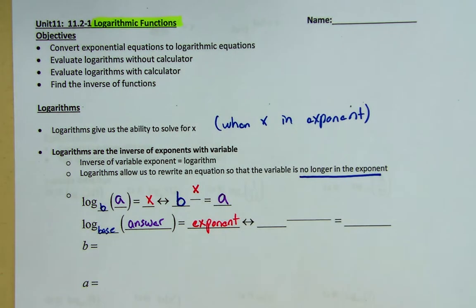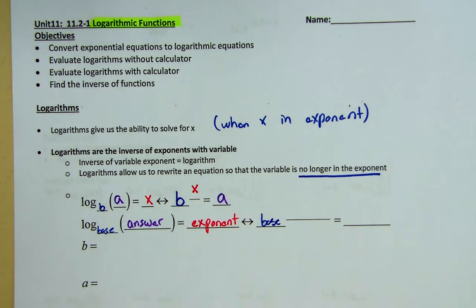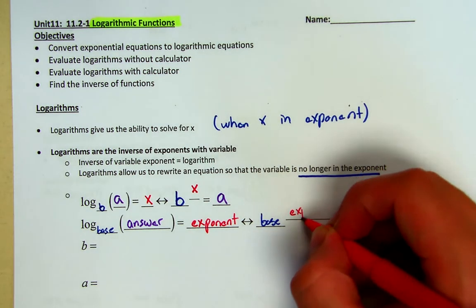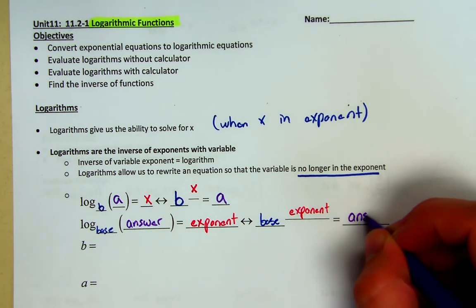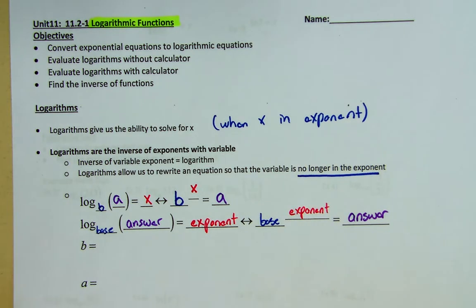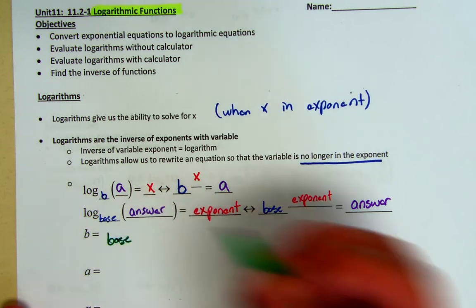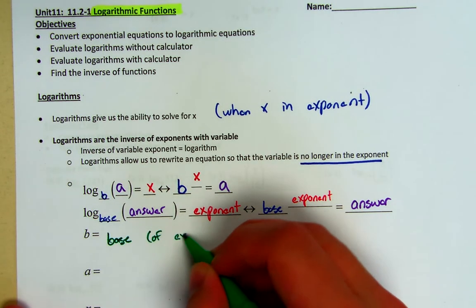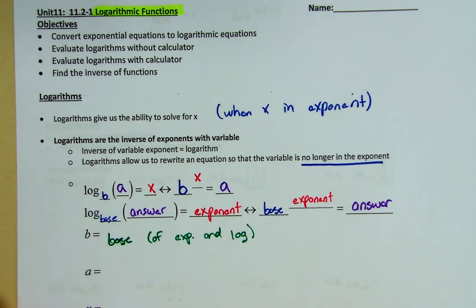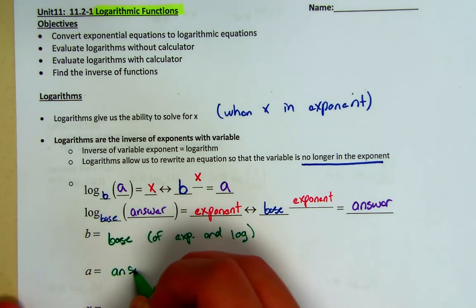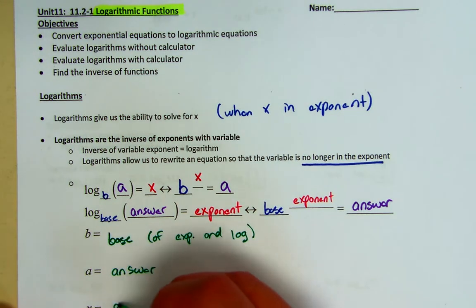So that's where the answer a comes from. So base raised to some exponent is equal to the answer. So again, to reiterate here, b is your base of exponent and log, a is your answer, and x is your exponent.